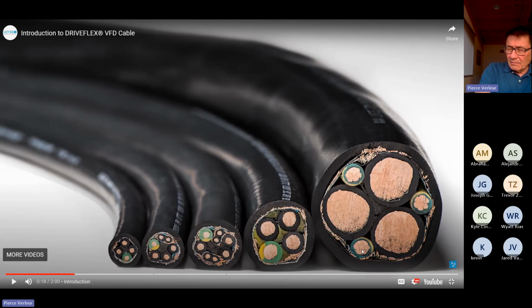Now, this pulsation effect creates noise on the ground. You don't want noise on the ground. Your ground's supposed to be zero. When it bounces up and down, think about what that does to your control circuits that are referencing ground. They now start to bounce up and down.